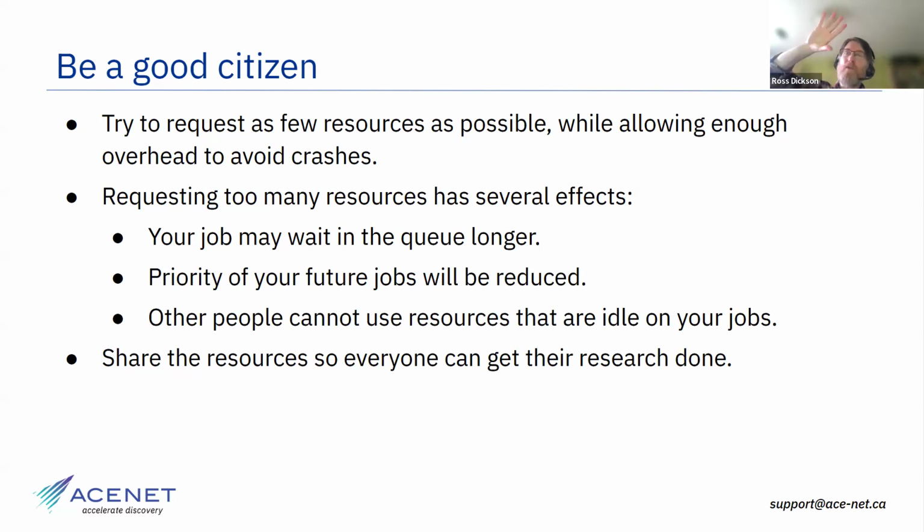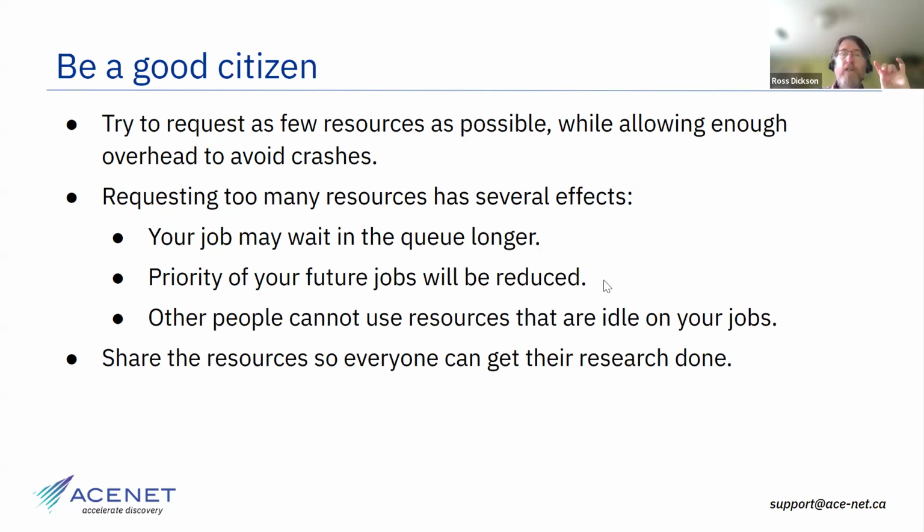Basically, the size of that sort of conceptual box of time times CPUs times memory is approximately the thing that determines how long your job's going to wait. It's a lot more complicated than that, and I don't have time to talk about that even in this 90-minute talk. But very loosely, the larger your job, the longer it's probably going to have to wait to get started. There's also a lot of variation from day to day, so unfortunately, it's kind of hard to get good empirical numbers on this.